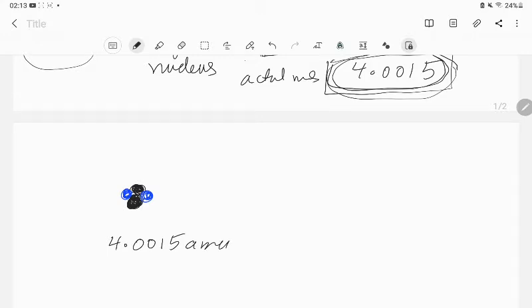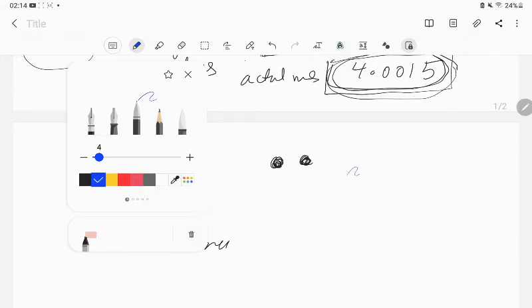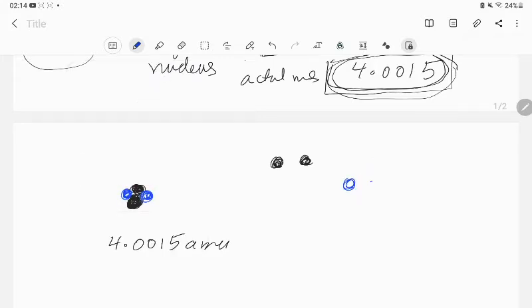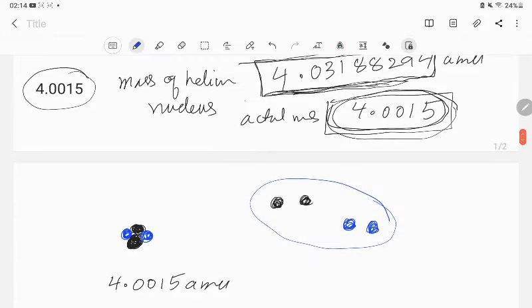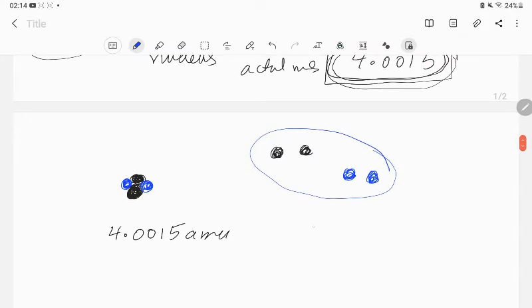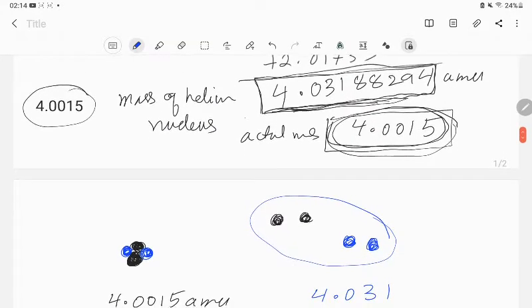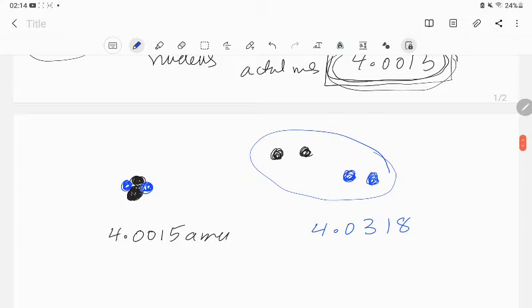But when we take the 2 protons and 2 neutrons separately and calculate the mass, at that time we are getting 4.0318 AMU.